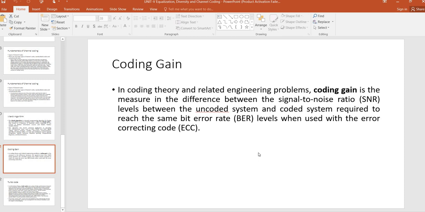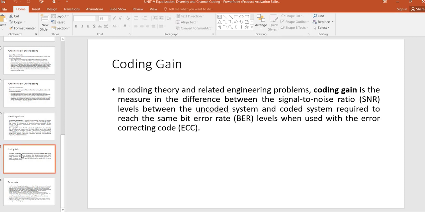So this ECC is used in this coding gain. In coding theory and related engineering problems, the coding gain is the measurement of the difference between the signal to noise ratio, SNR, level between this encoded system and coded systems required to reach the same bit error rate level when used with this ECC.